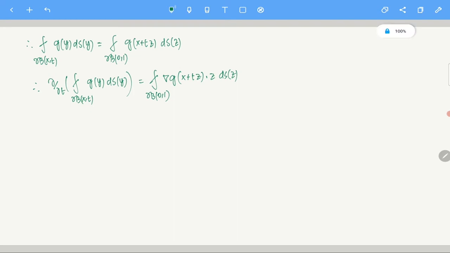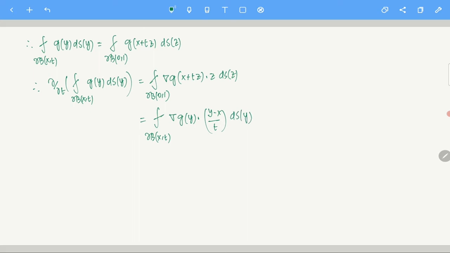I'm not doing anything but taking the derivative inside, using the chain rule. And that will give me the integral over del B(x,t) of gradient of g at y dot z, where z is y minus x by t, and this is dS of y. Clear?